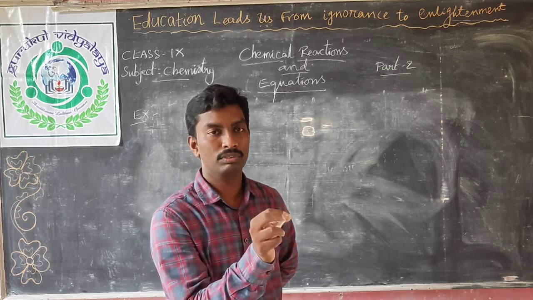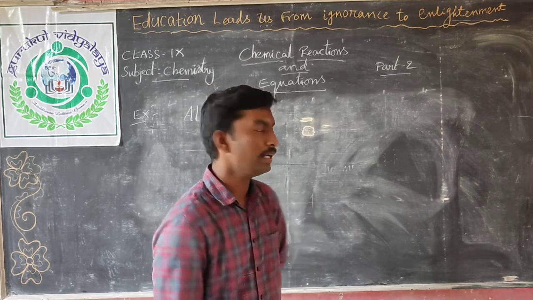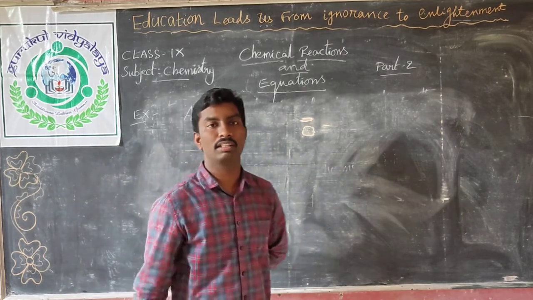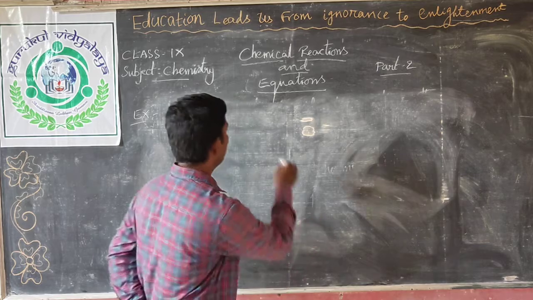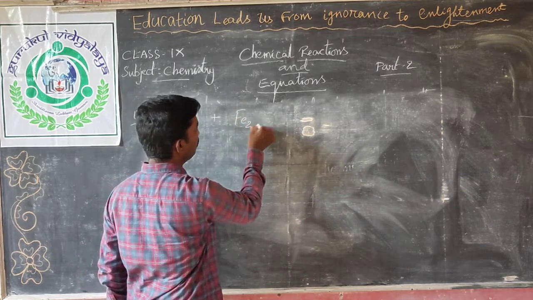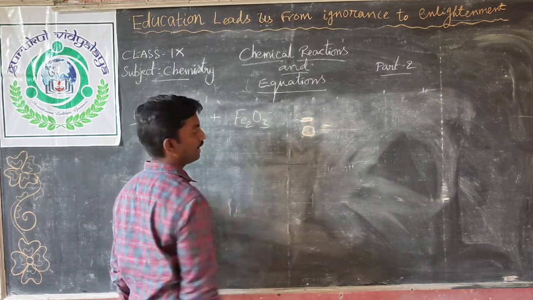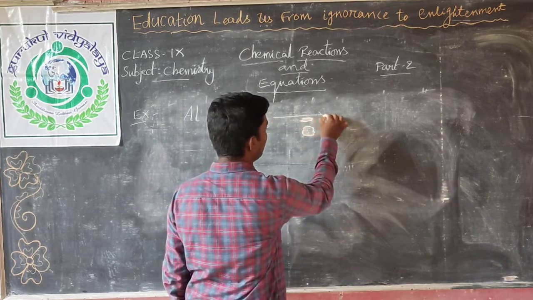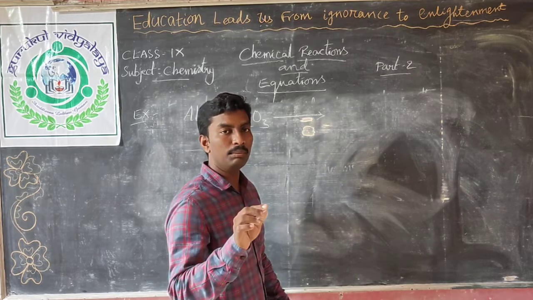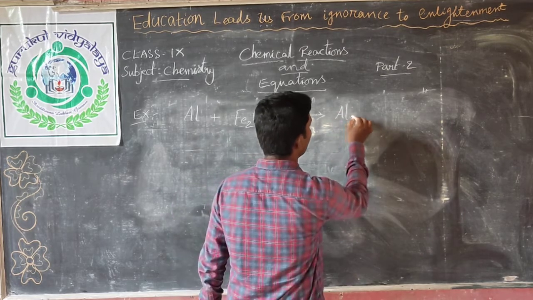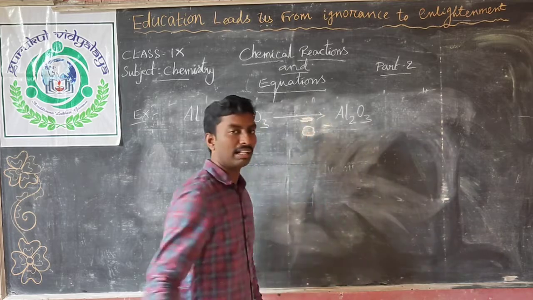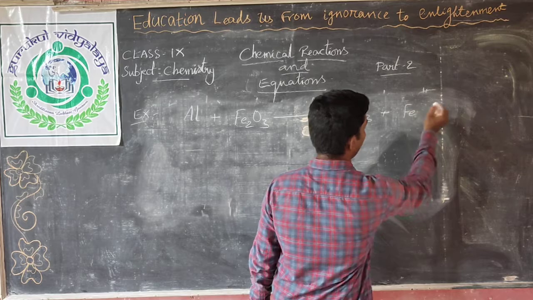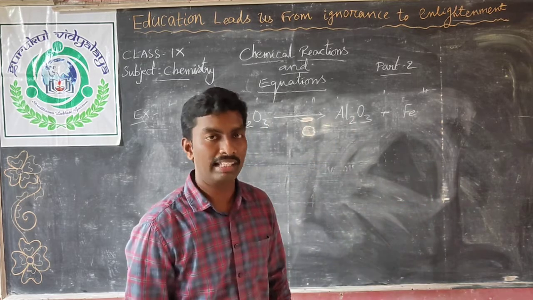The symbol for aluminum is Al, and the chemical formula for iron oxide is Fe2O3. They both react with each other and give rise to aluminum oxide, Al2O3, which is the chemical formula for aluminum oxide, and the other product will be iron. Fe is the symbol for iron.